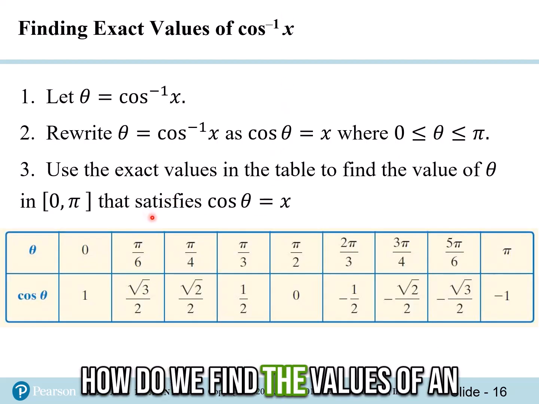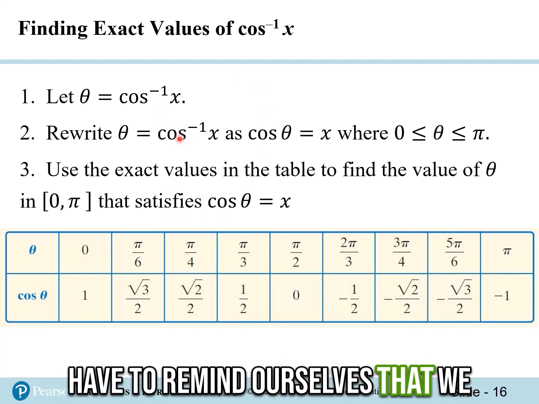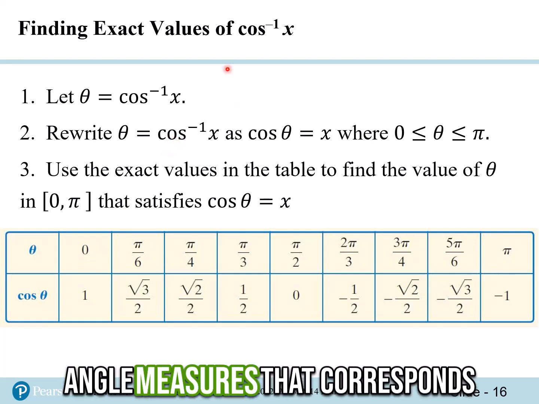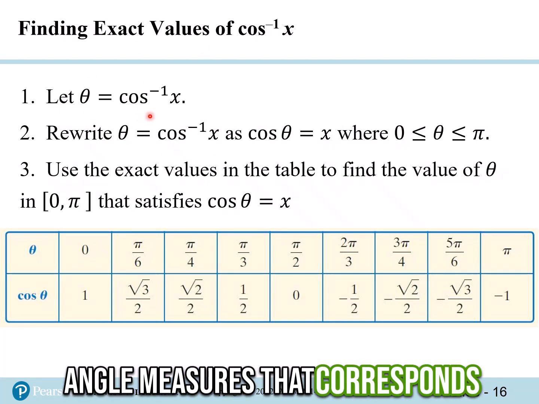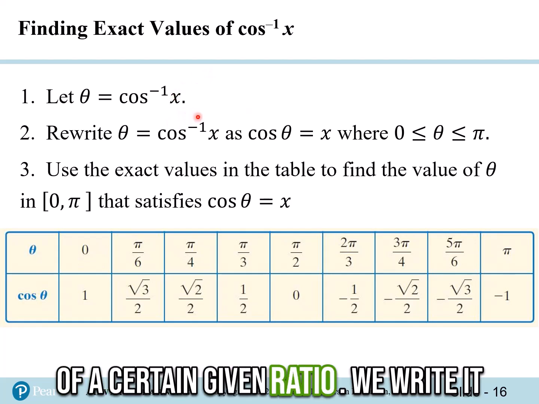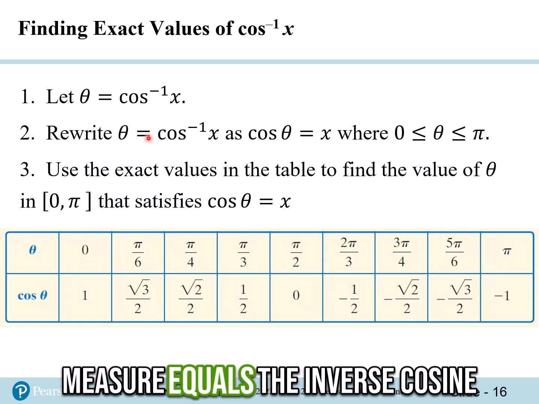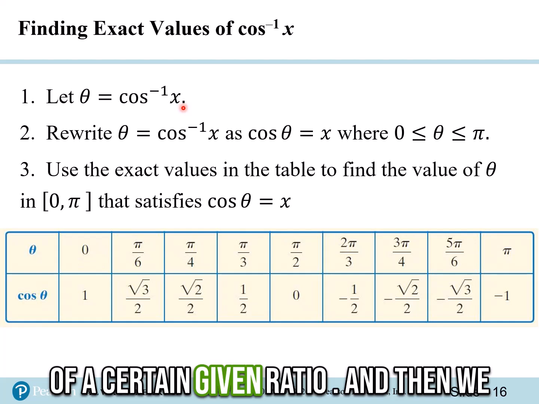How do we find the values of an inverse cosine function? First, we have to remind ourselves that we are looking for angle measures that correspond to the cosine of a certain given ratio. We write it out as let theta, which is the angle measure, equal the inverse cosine of a certain given ratio.